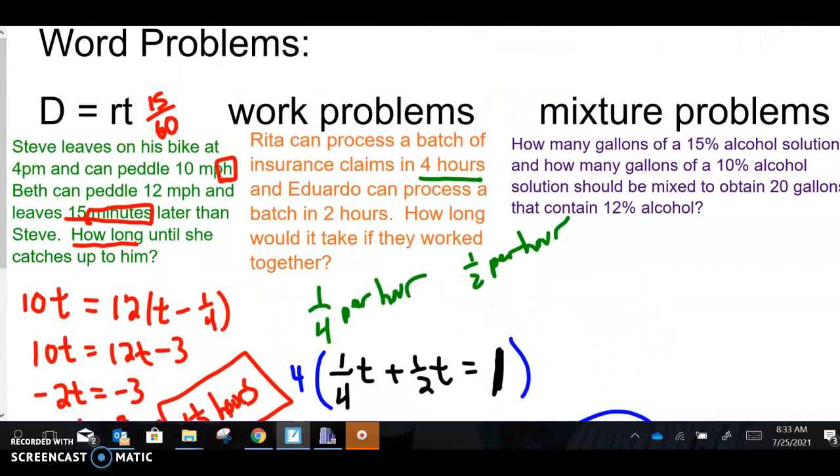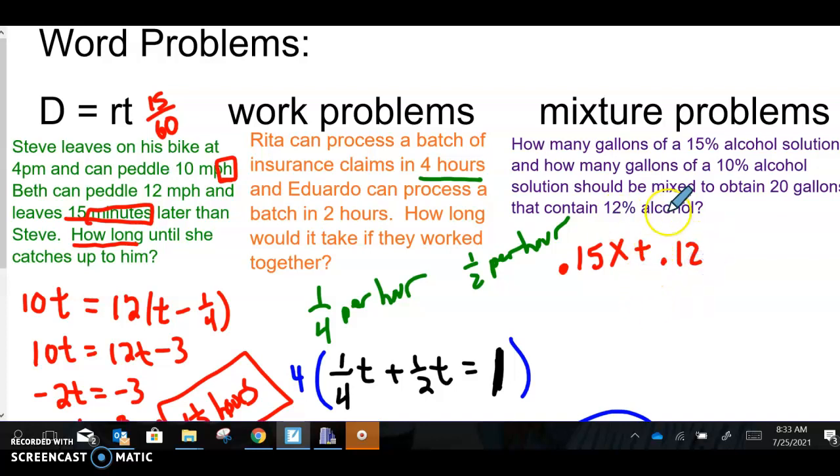The mixture problems. How many gallons of a 15% alcohol solution and how many gallons of a 10% alcohol solution should be mixed together to get 20 gallons that contain 12% alcohol? Okay? So how many gallons of the 15% solution? 15% of what? Plus 10%.